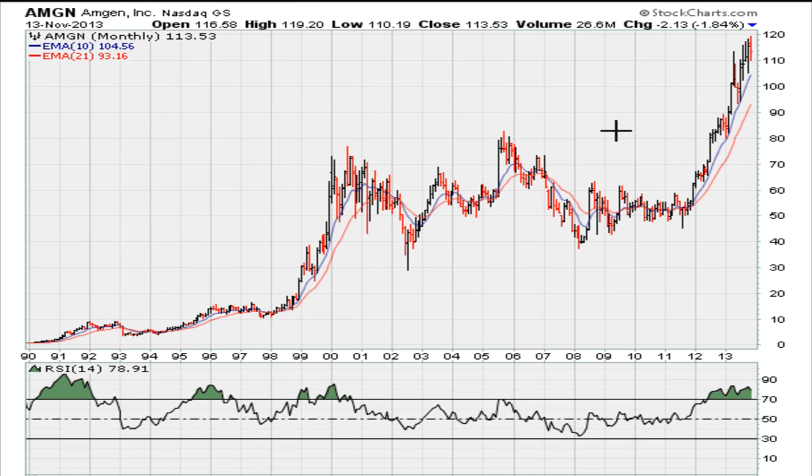Let's take a look at one more. We're taking a look at Amgen here, and you can see that was an all-time high there on the price. It's not an all-time high on the RSI, but it is significant because this area here on the RSI corresponds to a high in price, which is significant.